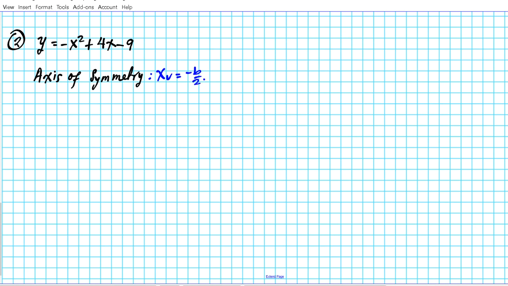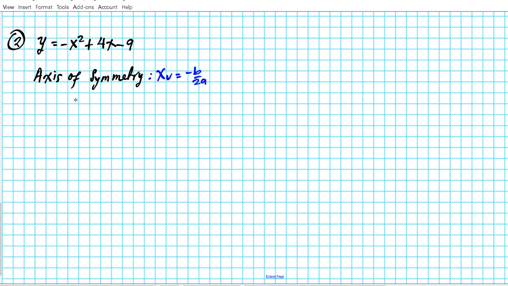Alrighty, let's go ahead and take a look at the next one, question number 2. So question 2, let's say we have the quadratic y equals negative x squared plus 4x minus 9. Let's find the axis of symmetry first. The axis of symmetry is the x-coordinate of the vertex, negative b over 2a.